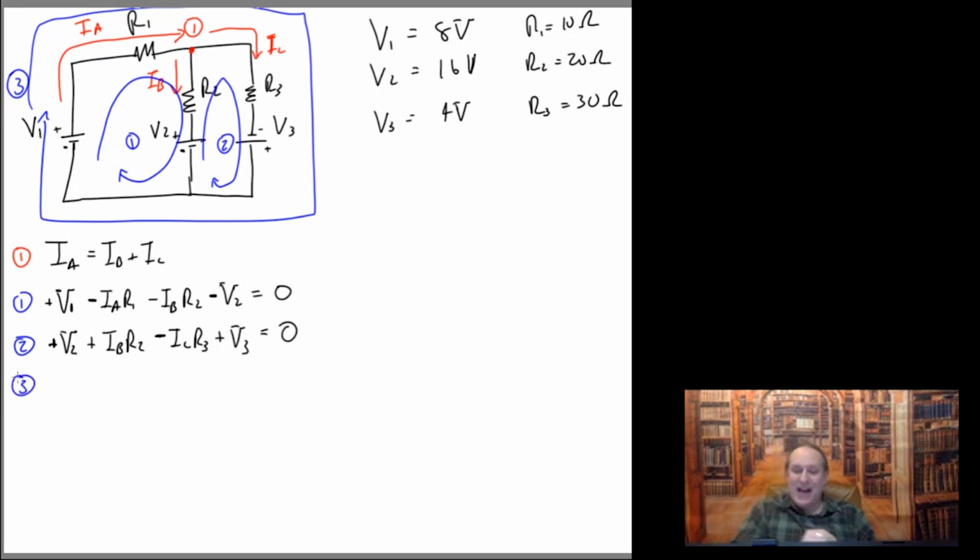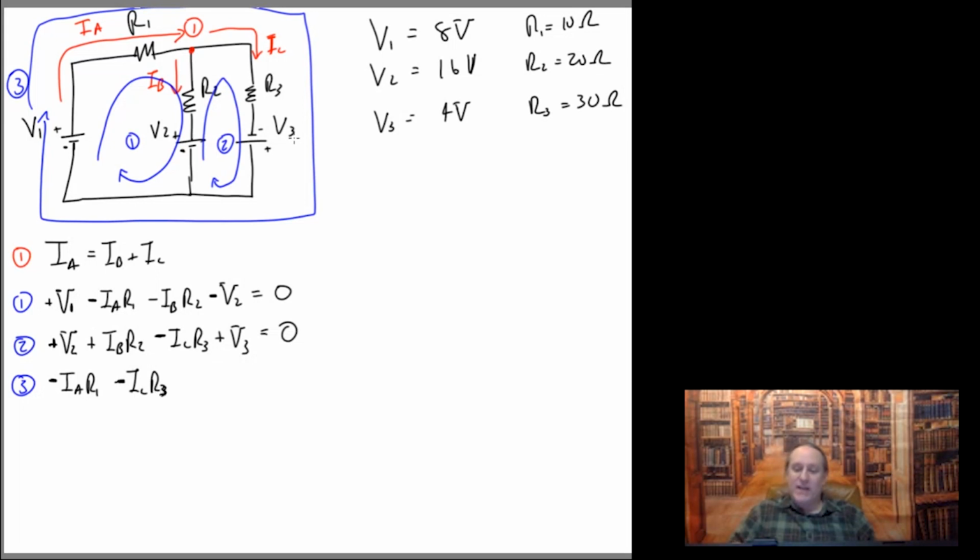Okay, and our last loop, we start above the battery V1, so I'm not including that yet. I hit IA R1. I get a minus sign because I'm going with the current. Then we get to IC R3, again, a minus sign because we are going with the current.